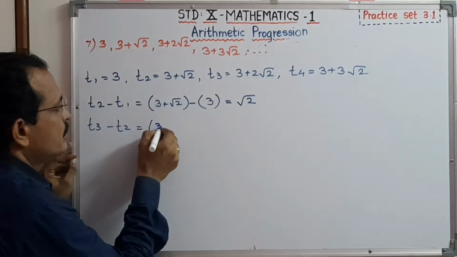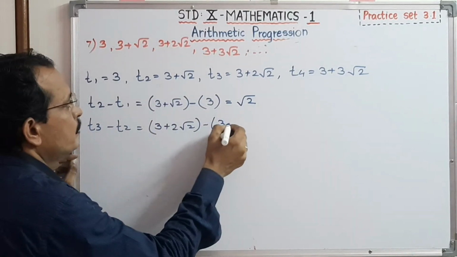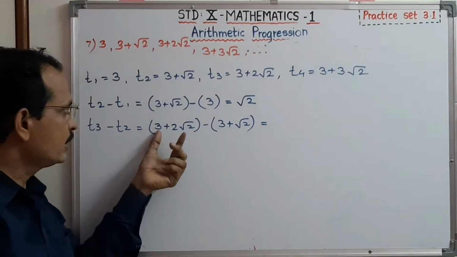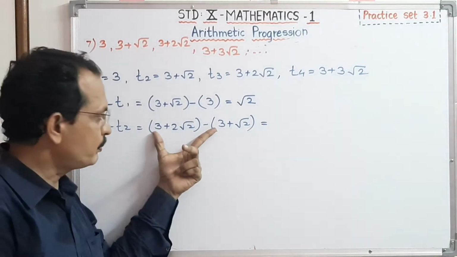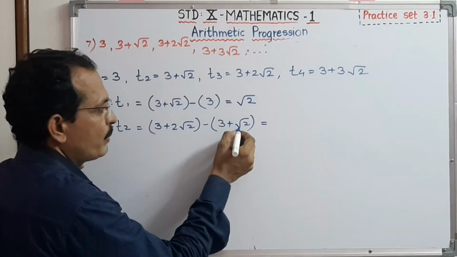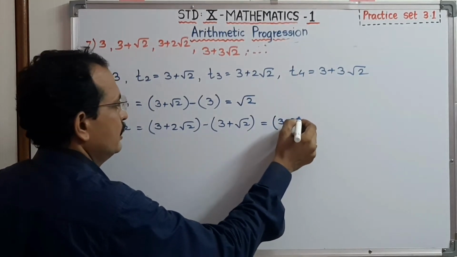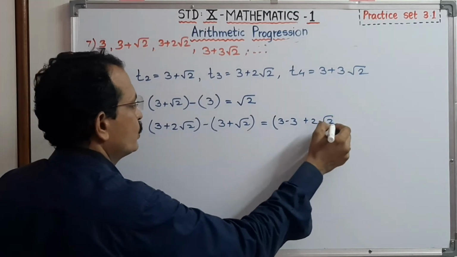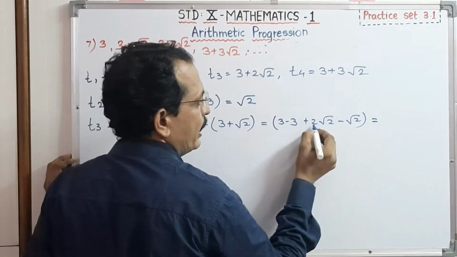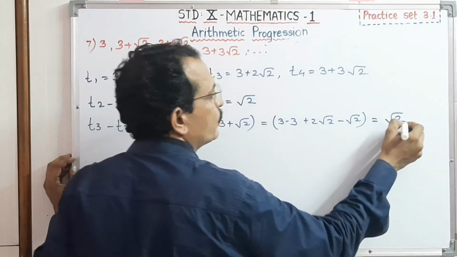T3 is 3 plus 2 root 2 minus 3 plus root 2. We can write here 3 minus 3 plus 2 root 2 minus root 2. Now 3 minus 3 is 0 and 2 root 2 minus 1 root 2 will be root 2.